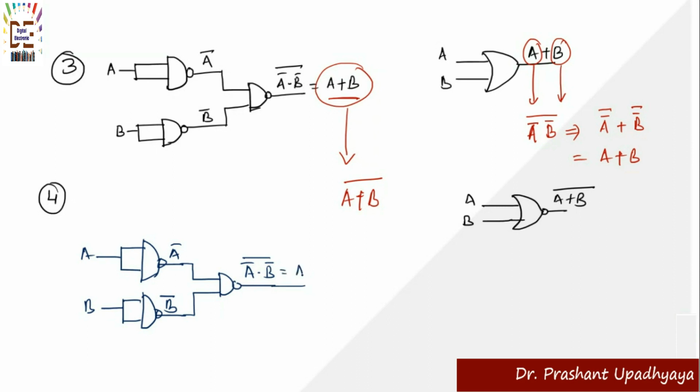So this was equal to A plus B. And then what do you have to do? You have to short it again. So what will you be getting? You will be getting the output A plus B whole bar. Is it clear?